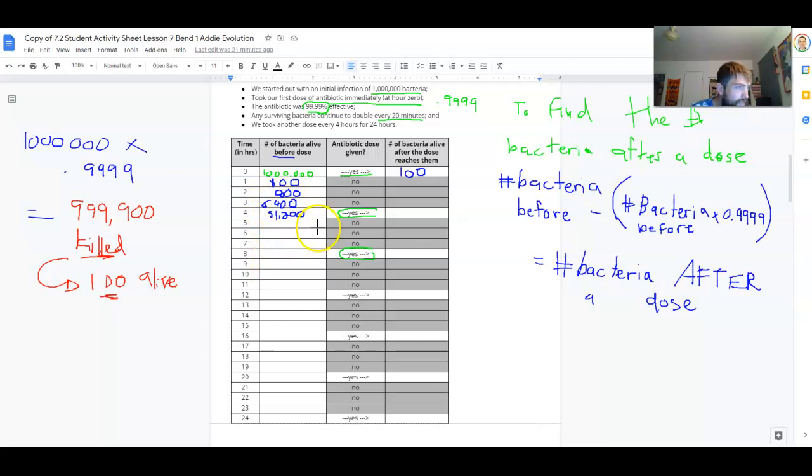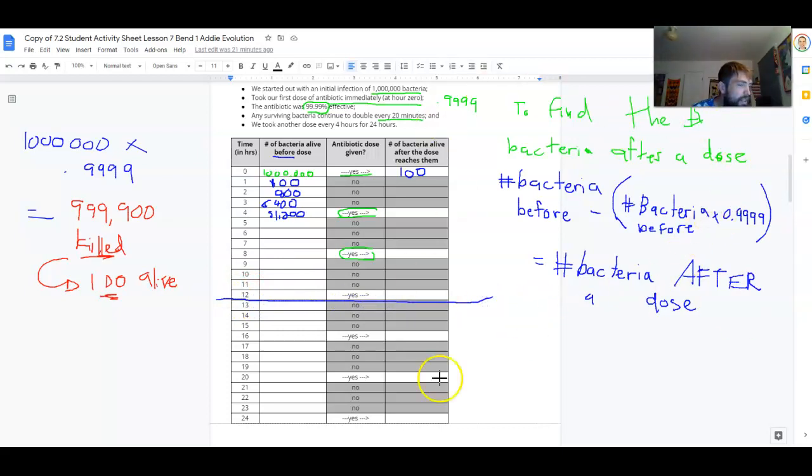So now we're going to take 51,200, multiply it by 0.9999, and then take that number and subtract it from the bacteria before, and you'll have however many survived. All right, I'm here to help you. I want you to fill the first 12 of this.